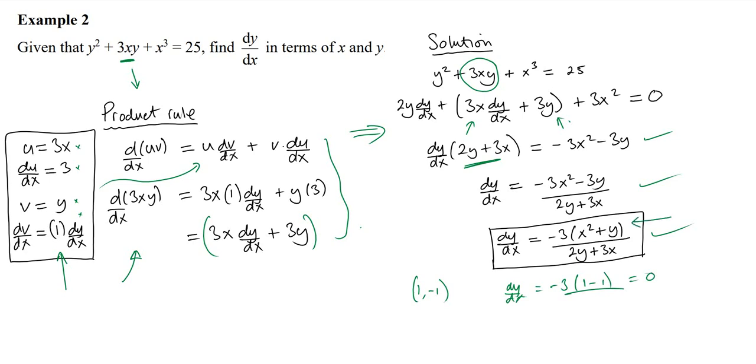To find out where dy by dx is equal to 0, if they're asking about turning points, it's the top part that must equal 0. The bottom cannot equal 0 because then it would be infinity. So that's the sort of thing they get you to do: form an expression, then ask you where turning points are, and so the top part of that quotient or fraction must be equal to 0.